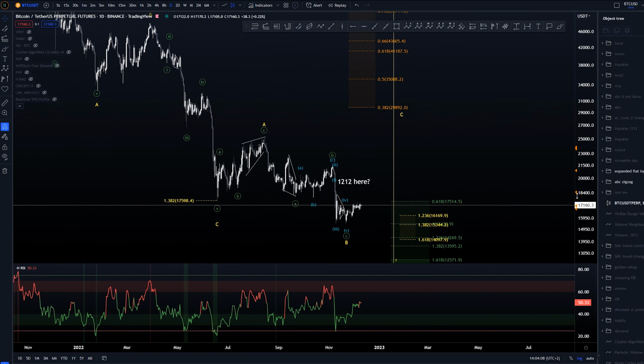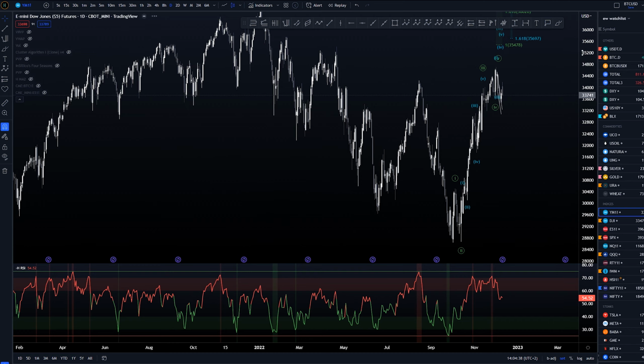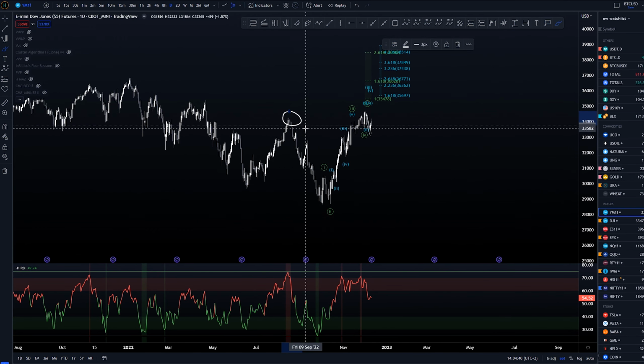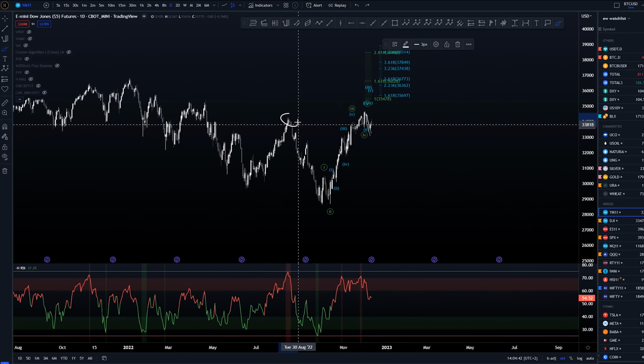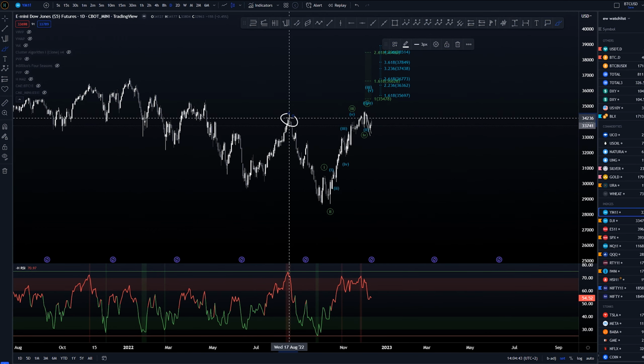I feel like this would need help from all the US indices, and Dow has already extended quite a bit over the previous highs that I had. Let's check that out as well. Where's Dow? Here. Yeah, it has already extended beyond the previous highs of August with this massive move upwards.